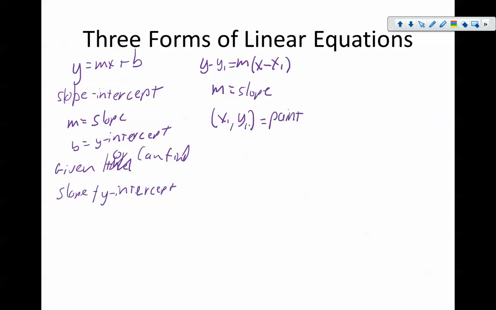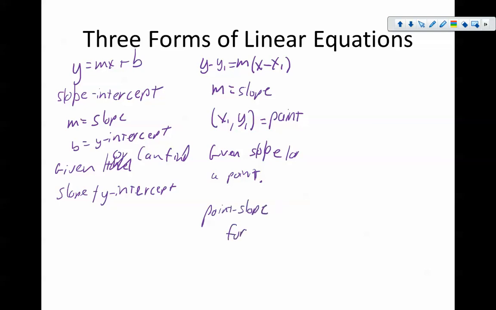And it's a point on the line. It doesn't matter where along the line, it's just a point that's on the line already. So again, if we're given the slope and a point, this is the best form to use. Again, it's called point-slope form.